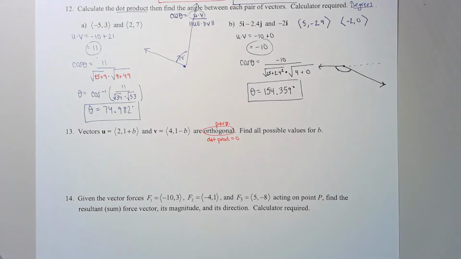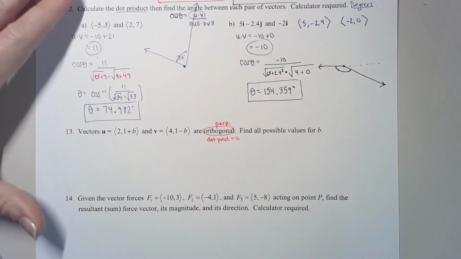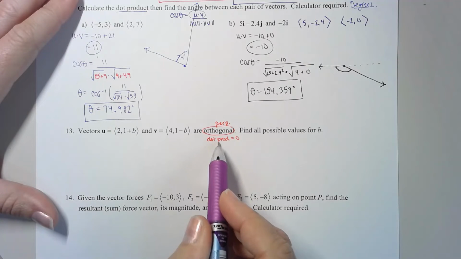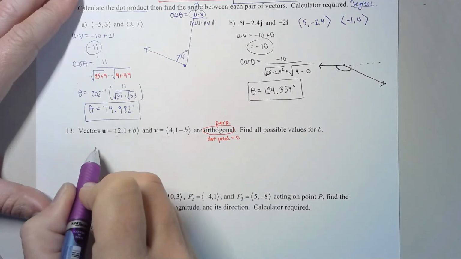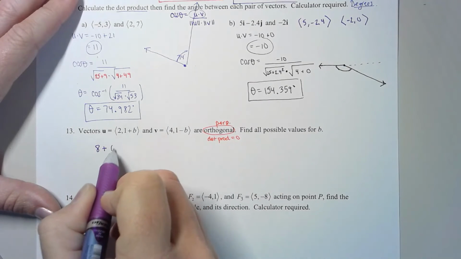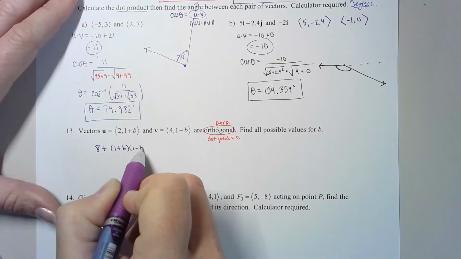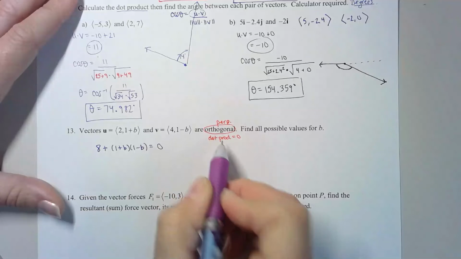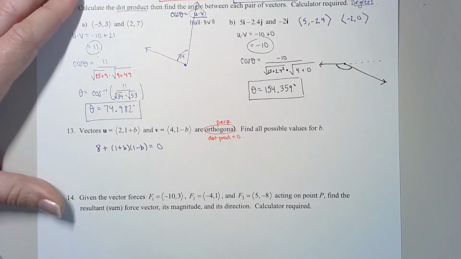Find all values for b. Well, here we go. We know exactly how to get started. The dot product is 0, so 2 times 4 is 8, plus 1 plus b times 1 minus b, and when I add those together, we know we should get 0.